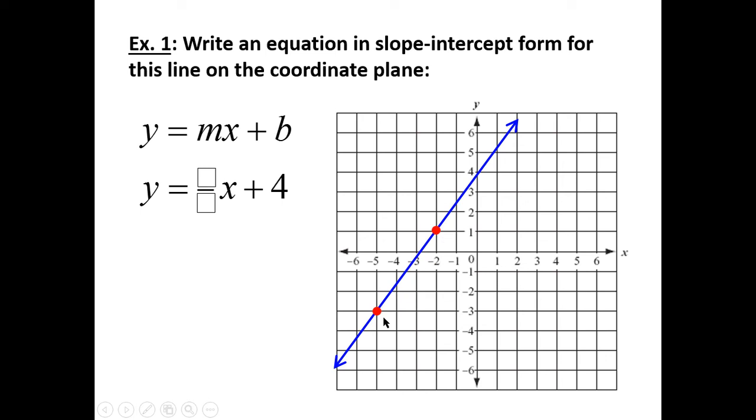Then starting at the point that's on the left, if we go up 1, 2, 3, 4 boxes, that's going to end up being our rise, or the top part of our slope, and then go across 1, 2, 3 until we get to the second point. That's going to be our run. So then our answer for the slope-intercept form of this line is y equals 4/3 x plus 4.